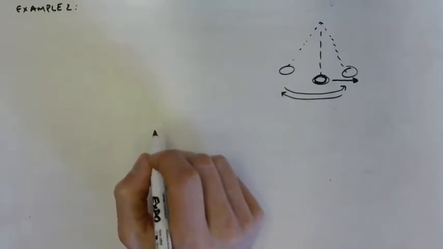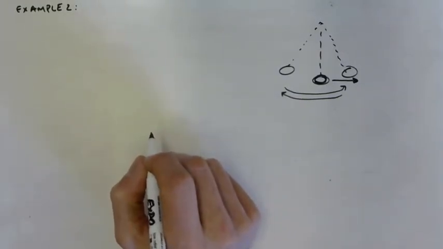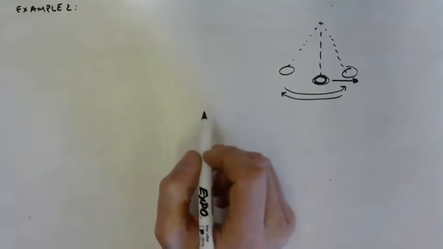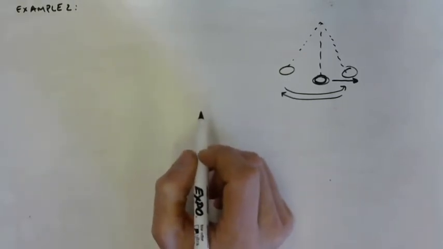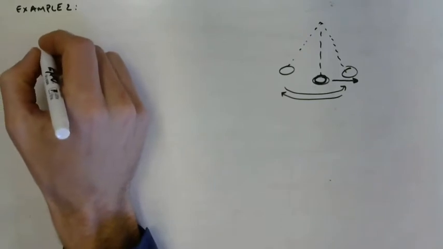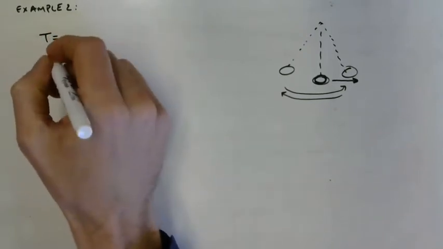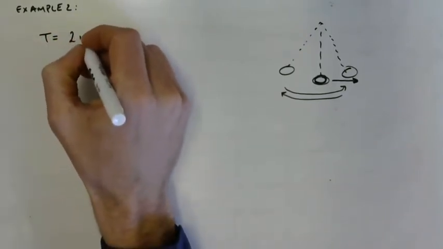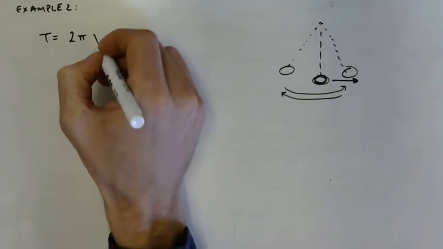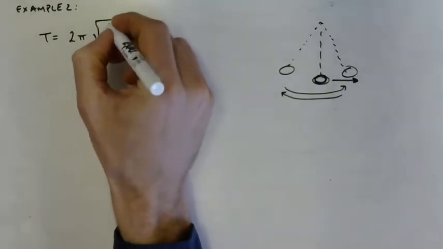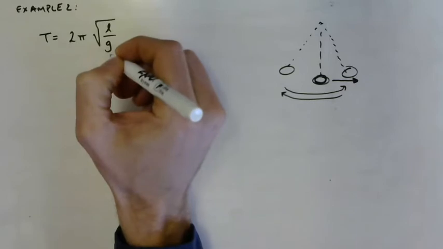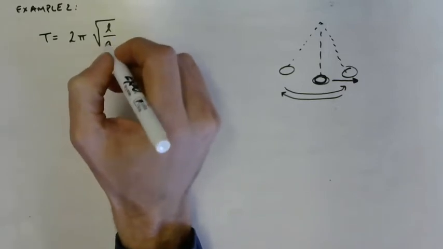The period of the simple pendulum depends only on its length and can be found using the relation T equals 2 pi radical L over g, where T is the period length.